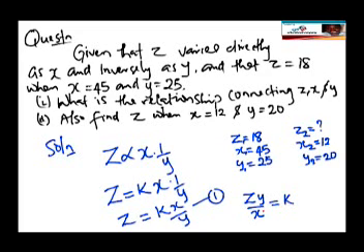You can check it out, and when you duplicate, you have z1 y1 over x1 is equal to z2 y2 over x2. This becomes the second formula that we'll need.